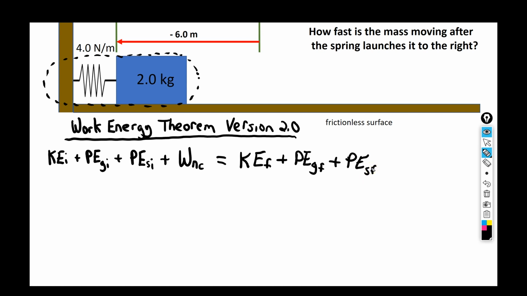To see the derivation of this version of the work energy theorem, watch the optional video that follows this video.